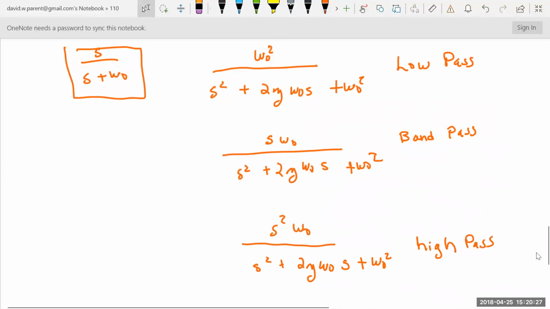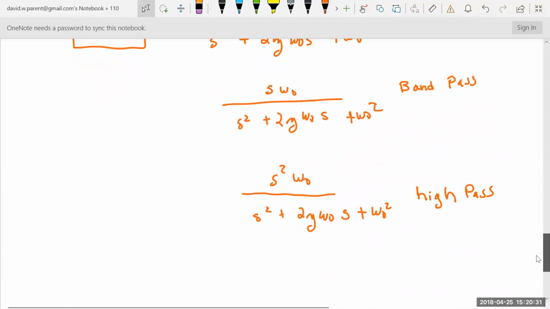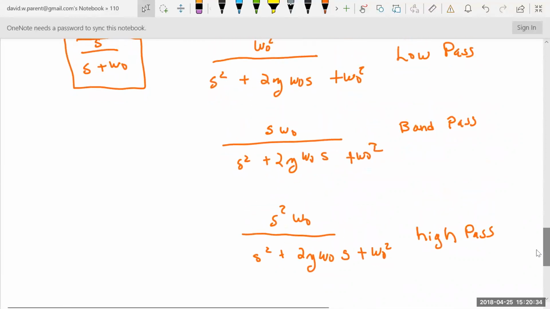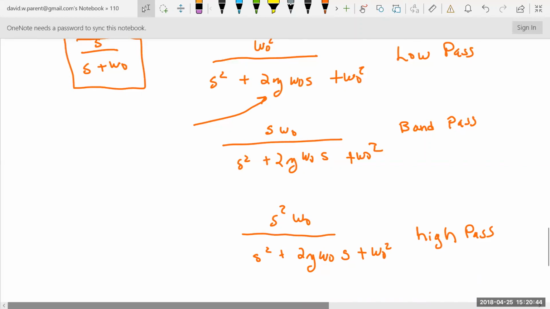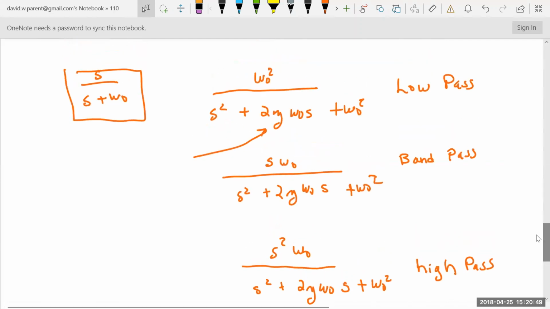High pass. And what we're going to do is take a Bode plot and find, there's some gain terms here as well that I'm just going to throw in.